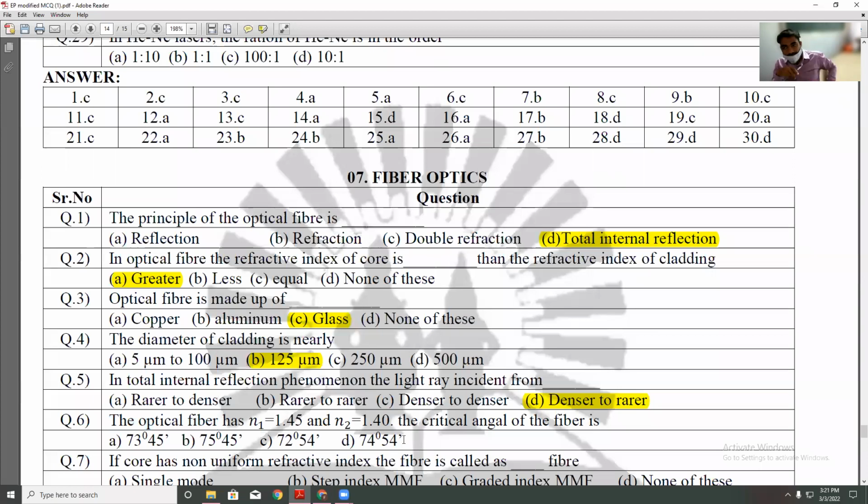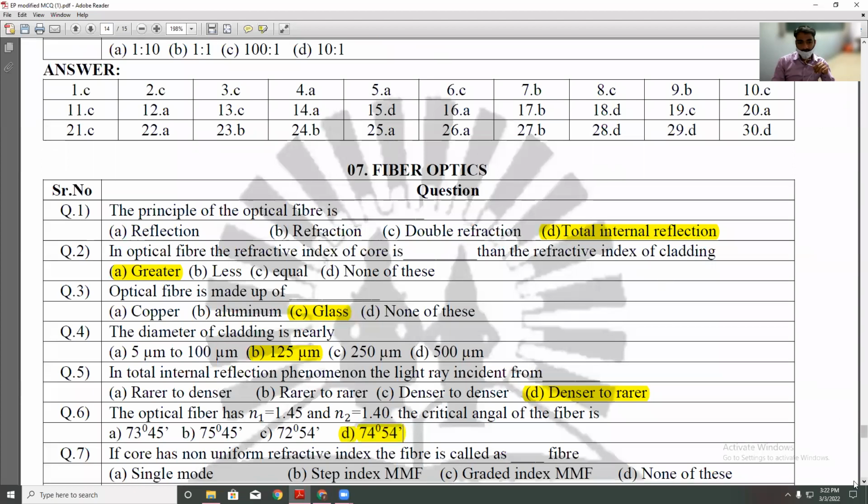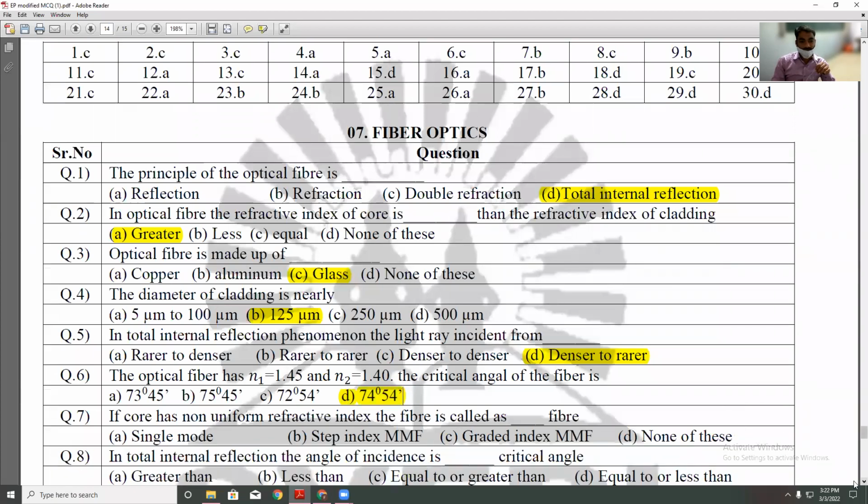Check it, please. Option D. 74 degree 54 minutes. Yes. Good. If core has a non-uniform refractive index, the fiber is called as.